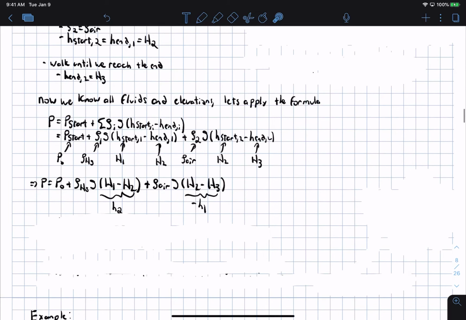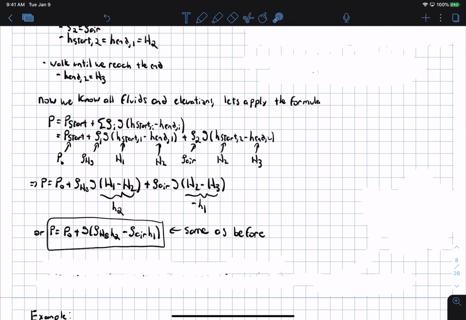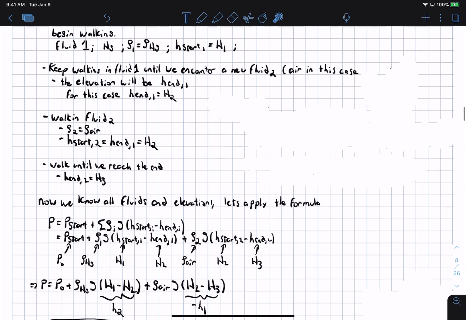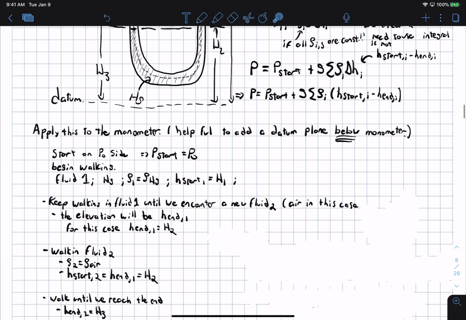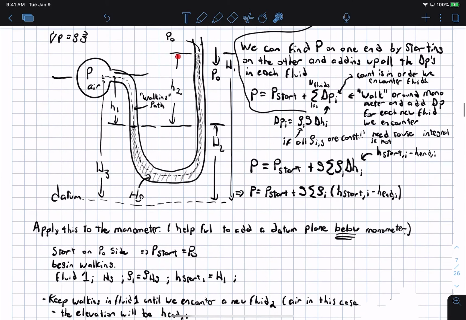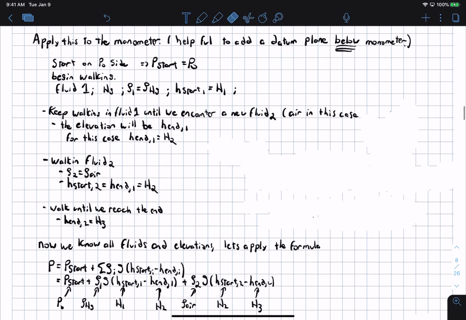And we apply the formula, and we get that P is equal to P naught plus g times the density of mercury times small h2 minus rho air times small h1, which is identical to the result that we had before. And the other way that you could think about this, instead of drawing a datum, we could just directly use H2 and small h1, and you can do that.